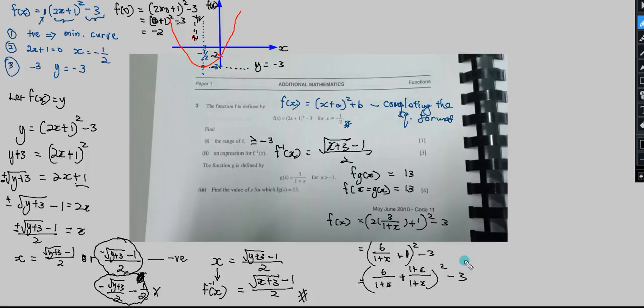Okay, now let's simplify this further. Since we have the same denominator, we can write as 1 plus x. Here is 6 plus 1 plus x, so it's 7 plus x, all squared, minus 3.